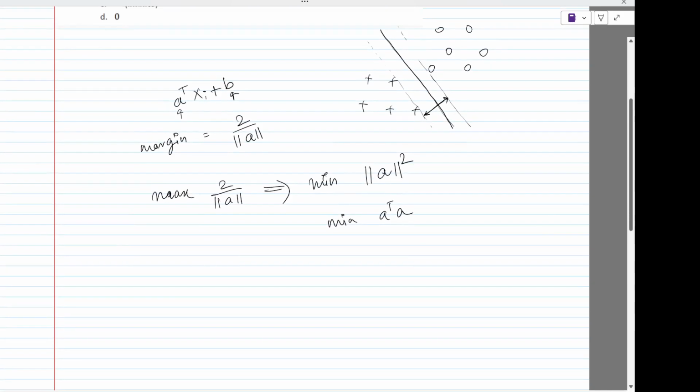And we also have the constraints: A transpose xi plus b, times y, should be greater than 0, or we consider some value like 1, that we need at least this much.